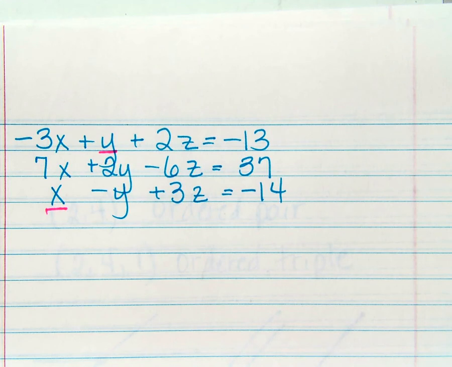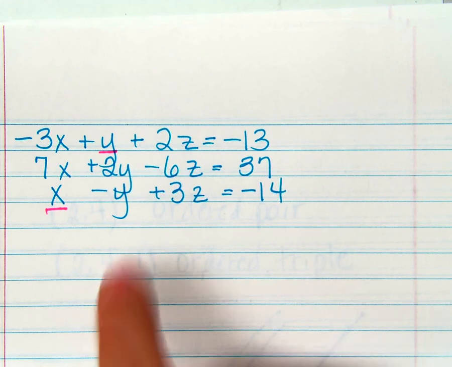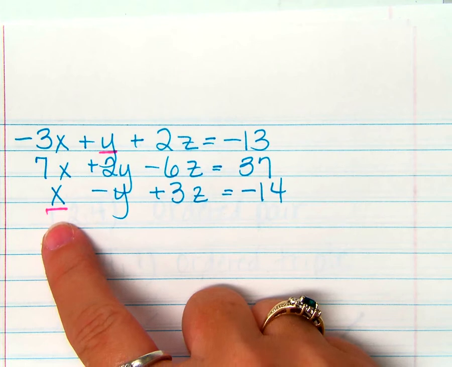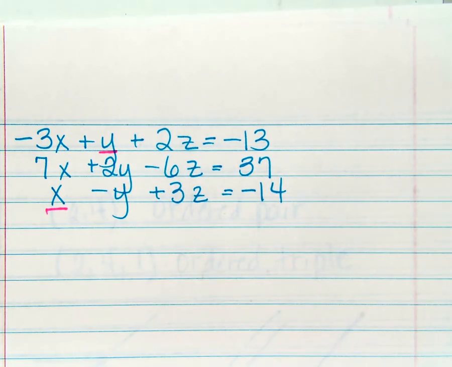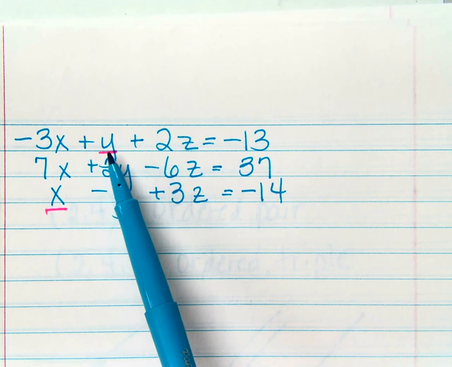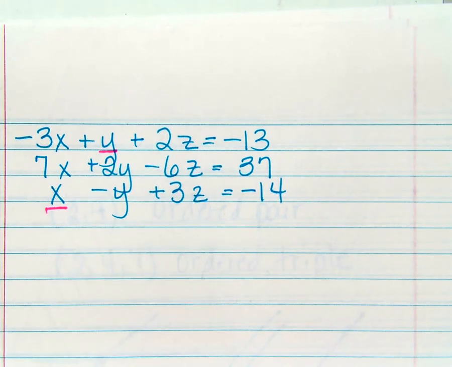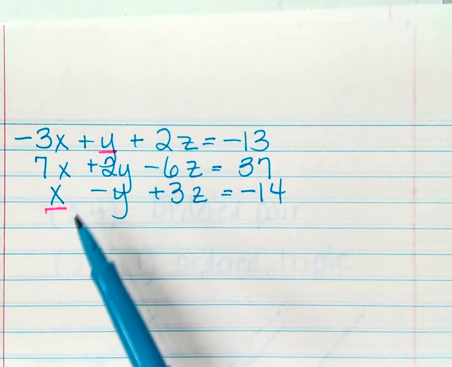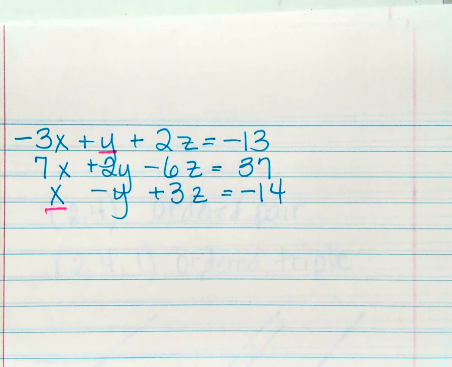So if I was doing this problem, and I am, I would choose either this y or this x, since it is not only by itself, but it's a positive value. Does that make sense? So, what's important for you to know here is when you're trying to solve by substitution, it does not matter if you choose this y or this x to start the problem. So which one do you want to do?